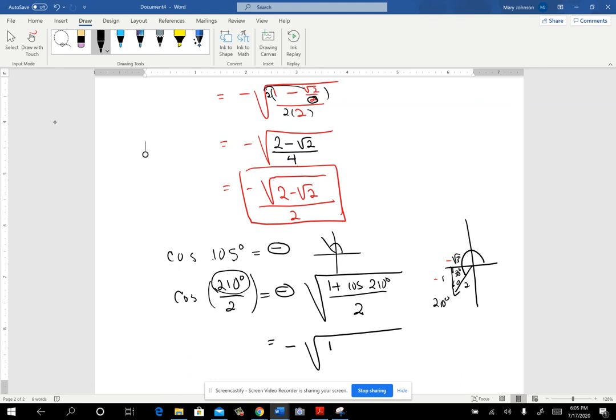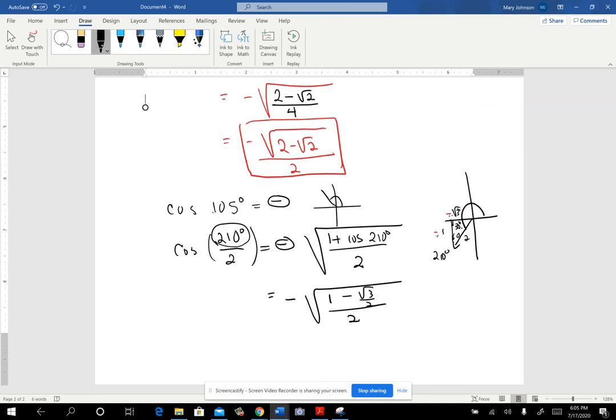And then cosine of 210 would be the same number part as the cosine of 30, and then I just have to adjust the sign. So really, if you put the signs on these values, you can get the cosine from that. So it would be negative square root of 3 over 2. So this is going to be minus the square root of 3 over 2, all over 2.